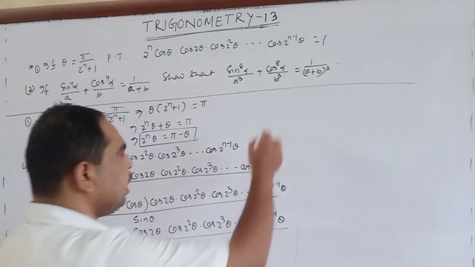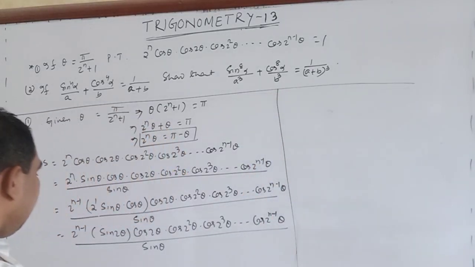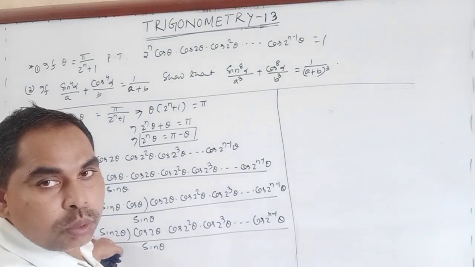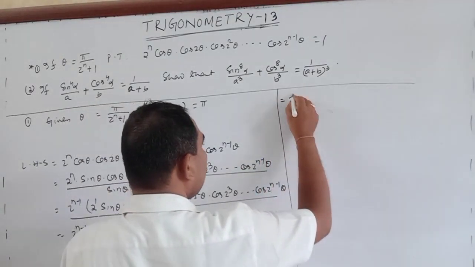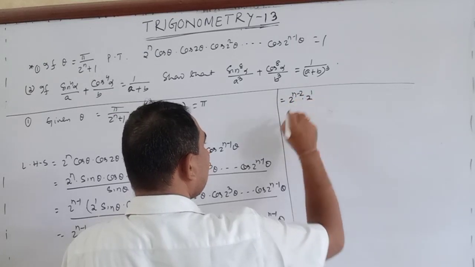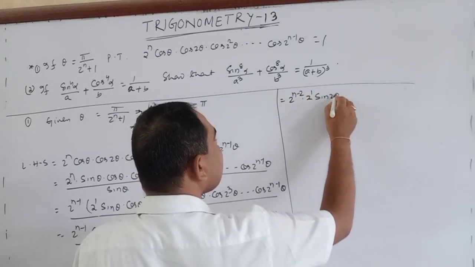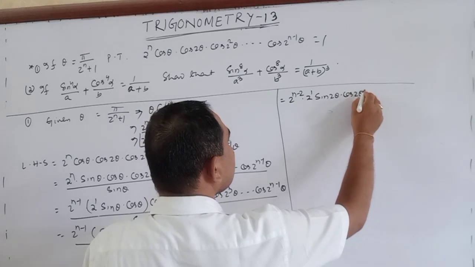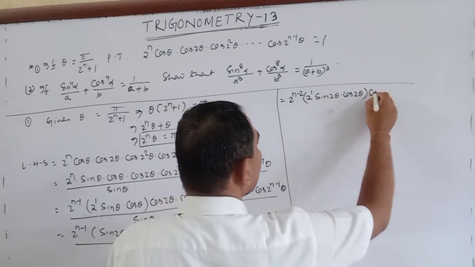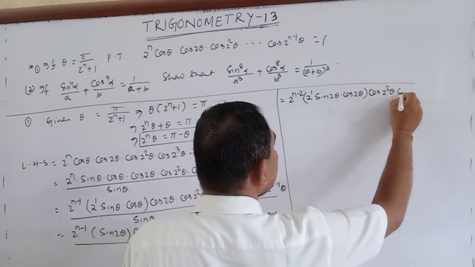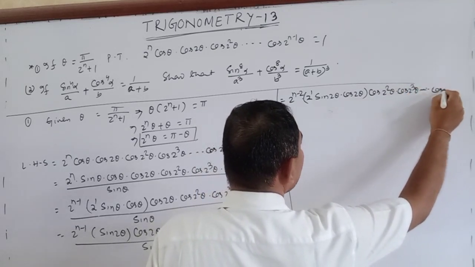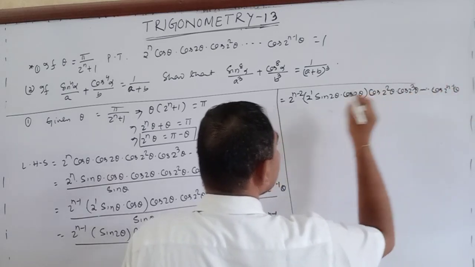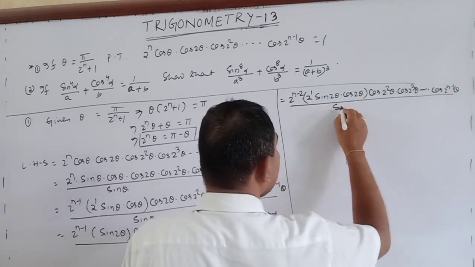Again, 2 to power n minus 1 is equal to 2 to n minus 2 into 2. So we get 2 to n minus 2 into 2 sin 2 theta into cos 2 theta into cos 2 square theta into cos 2 cube theta dot dot dot cos 2 to n minus 1 theta, divided by sin theta.